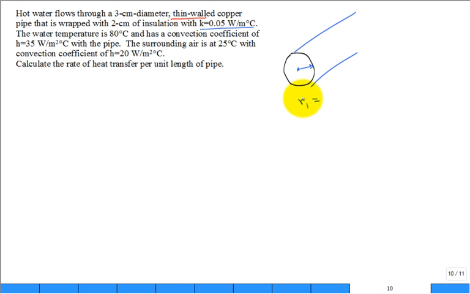All right, a lot of people were able to say the diameter is given to be 3 centimeters. I'll divide that in half and get 1.5 centimeters, and then put that in meters: 0.015 meters. That's all very good for r1. Then you have to struggle with what's this information about 2 centimeters of insulation.